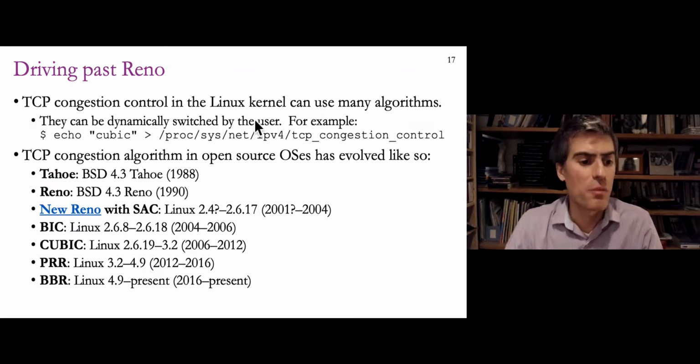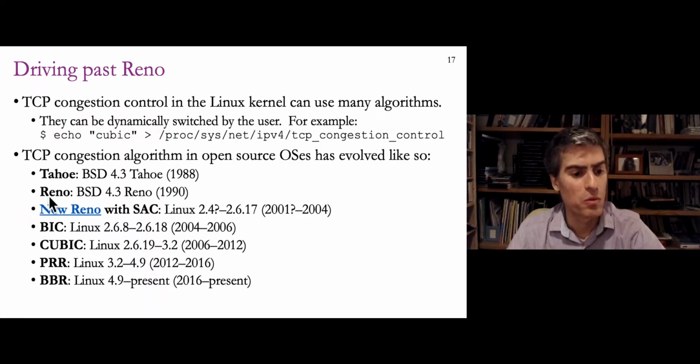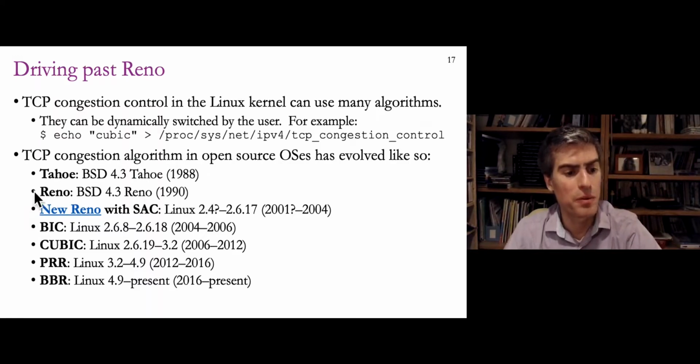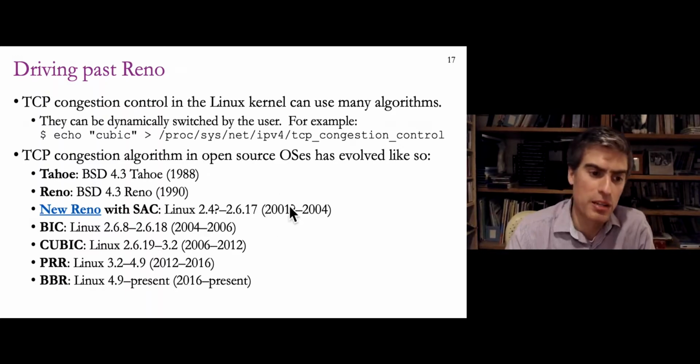But in practice, there are many more possibilities than just TCP Reno. Reno was the most successful approach for a long time, but eventually other approaches have superseded it in practice.